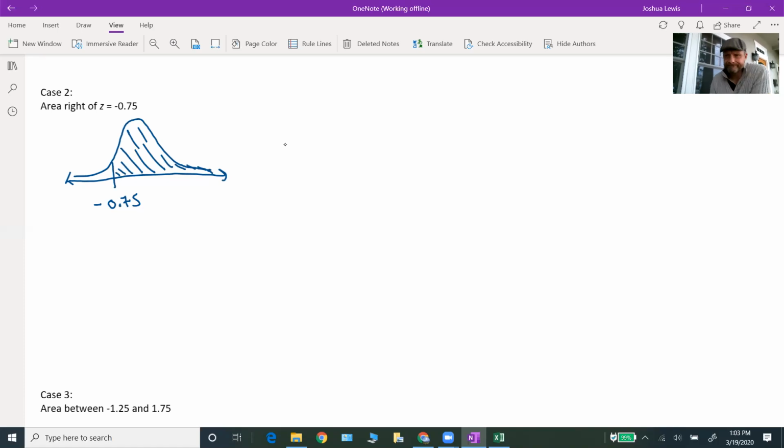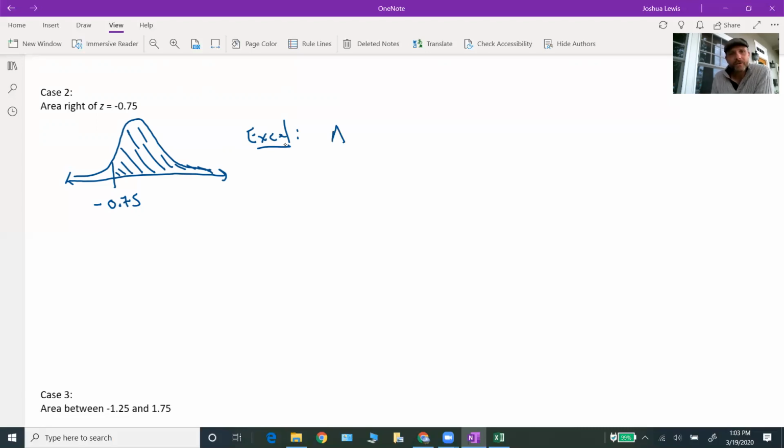Well, when we looked at Excel, we were stuck with that cumulative function, right? It's only going to tell me the area to the left. So for Excel, I'm going to have to recognize that when I plug this in, I'm getting this area over here in the tail, the left tail.